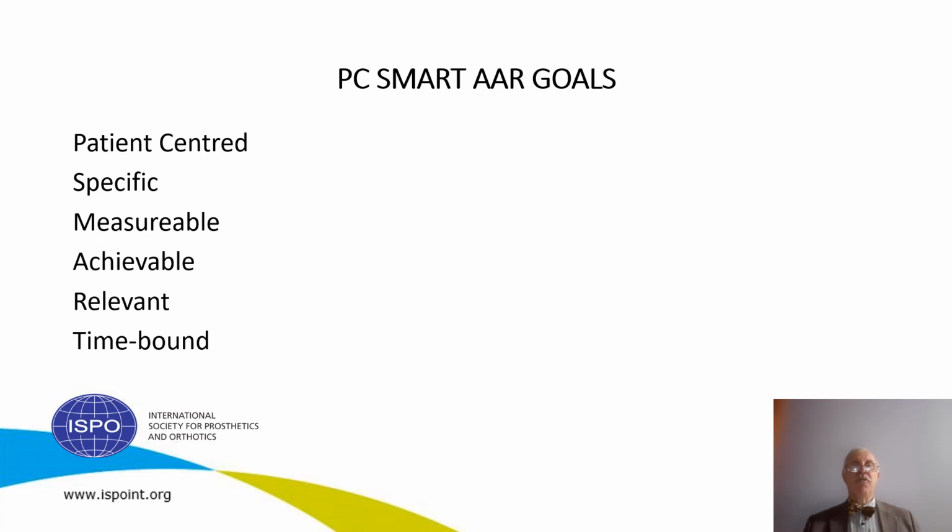I already talked about the goals needing to be patient-centered, and I'll reiterate this again. This is essential for good patient outcomes. Now let's look at the SMART components: specific, measurable, achievable, relevant, and time-bound.